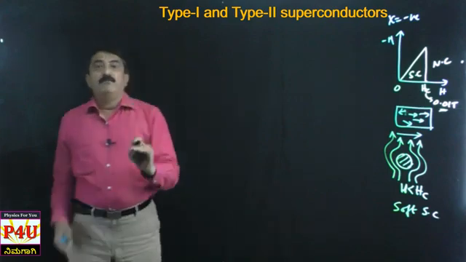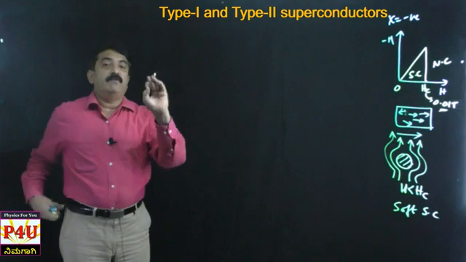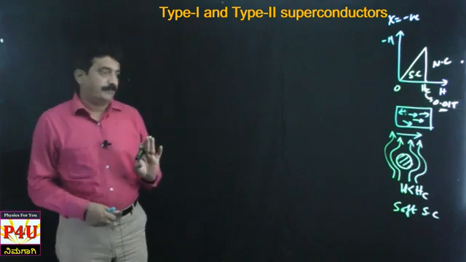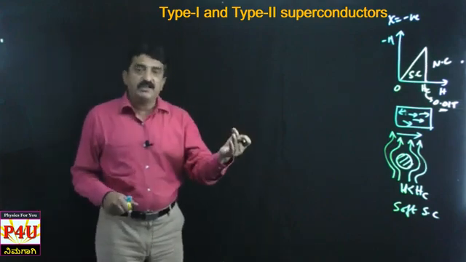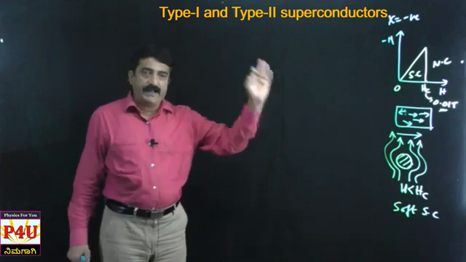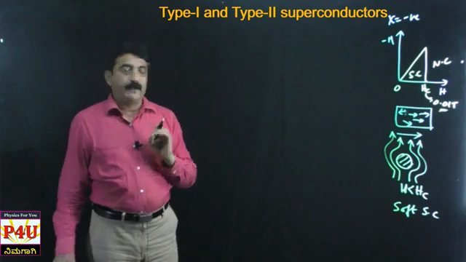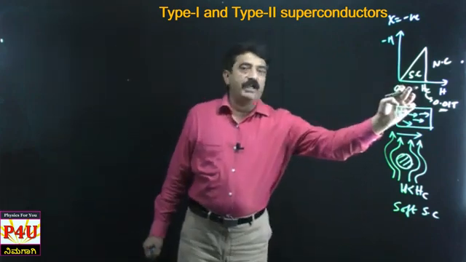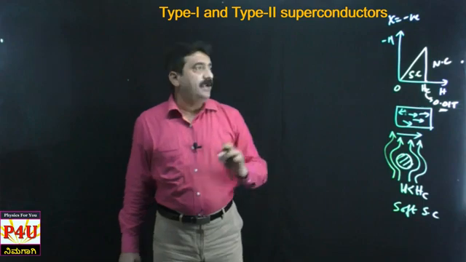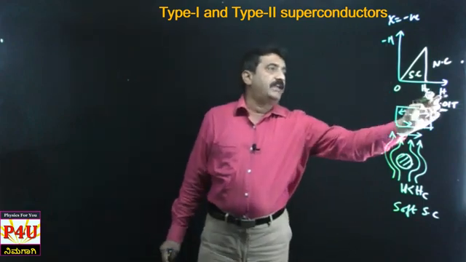But anyway, for computer science branches, this maglev application is not mentioned in the syllabus. Just for the sake of additional information, I will try to give it at the end. Well, back to this. Right now I am talking only about type 1 superconductor. Type 1 superconductor is one in which there is only one critical field and the magnetization versus H is like this.